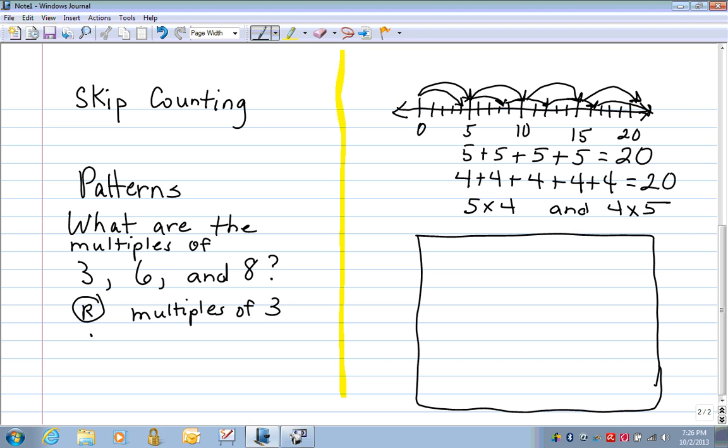We are going to write a square in green, the multiples of 6, and we are going to draw a triangle in blue pencil around the multiples of 8.